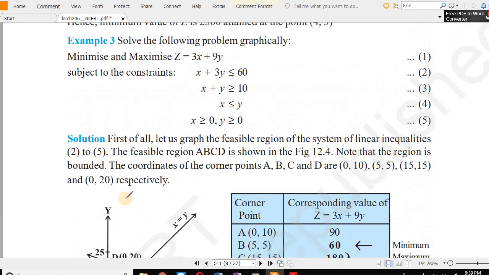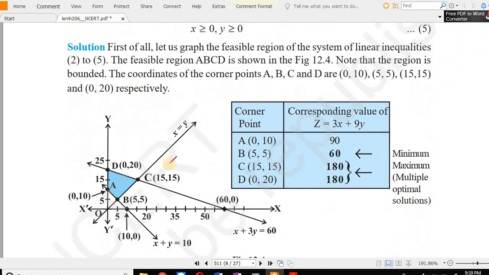Again, we can plot this using x and y intercepts. This one, x less than or equal to y, you know x equals y is the 45-degree line. So x less than or equal to y, that means x has to be below the 45-degree line. I'm sorry, I got that wrong. If x is less than y, then you need to be to the left. You can check that.